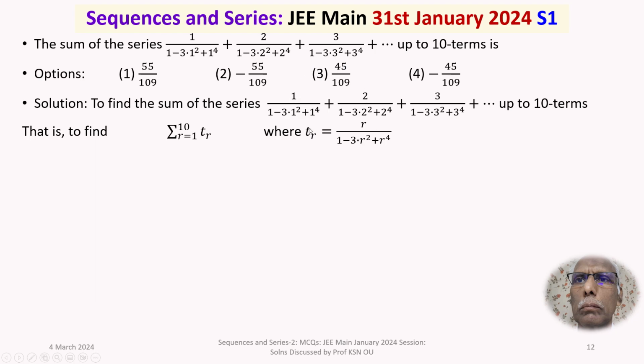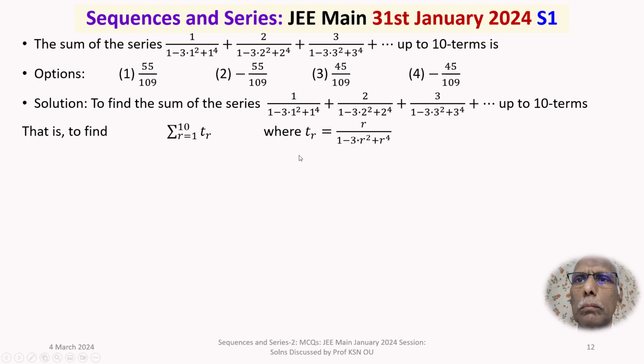Therefore, the rth term will be r by 1 minus 3 into r square plus r to the power of 4. Here 3 into 1 square, 3 into 2 square, 3 into 3 square will tell you 3 into r square, and 1 to the power of 4, 2 to the power of 4, 3 to the power of 4 will tell you r to the power of 4. So the term T_r is this one.